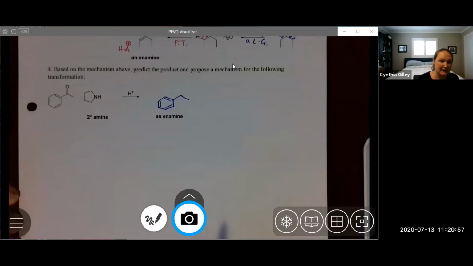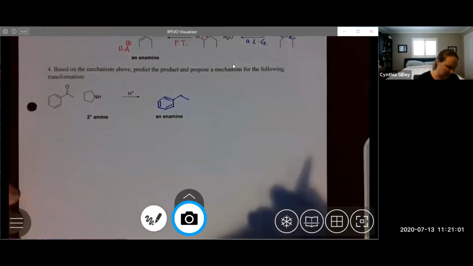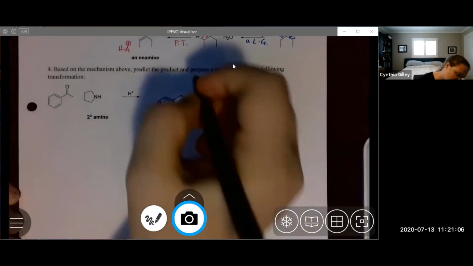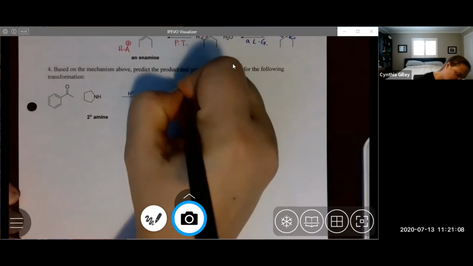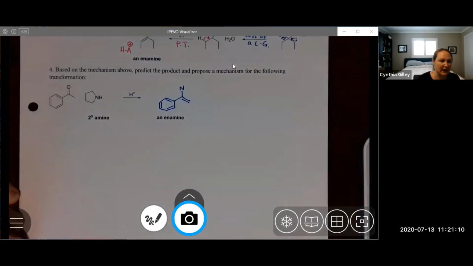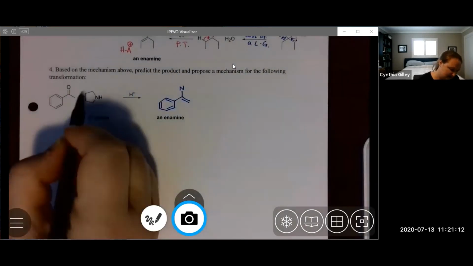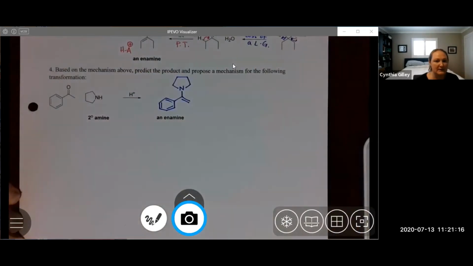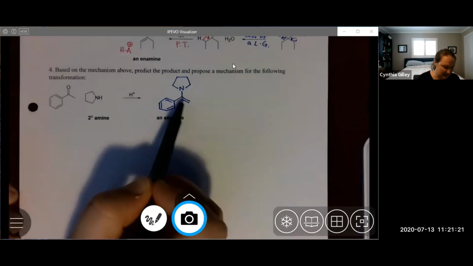And instead of doing a bond to oxygen, because remember we're going to lose this oxygen as water, I'm just going to form an enamine, which will look like this. And then whatever else the nitrogen is attached to. And I know that the double bond goes on this side because there's no proton here.